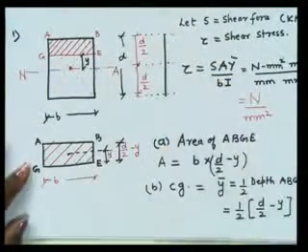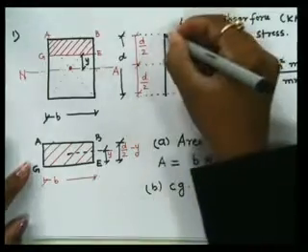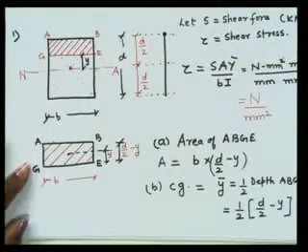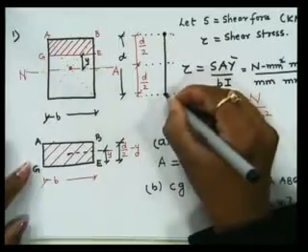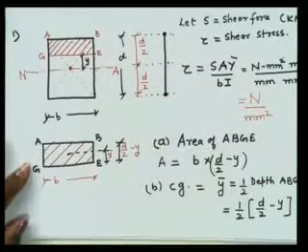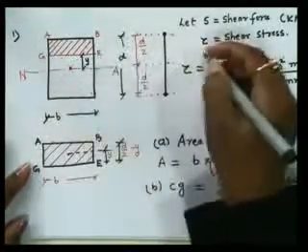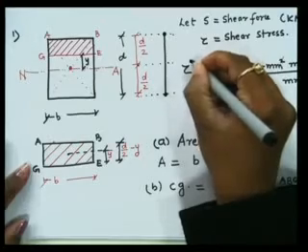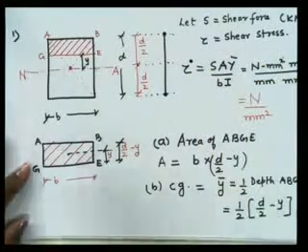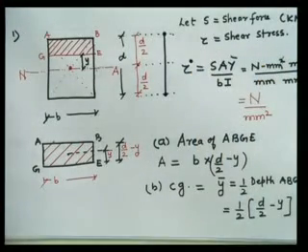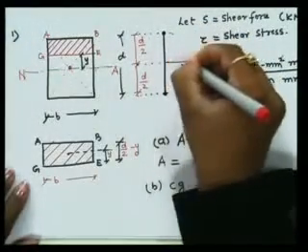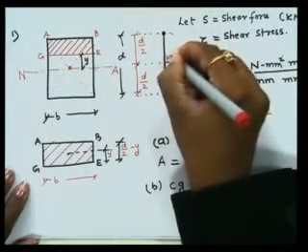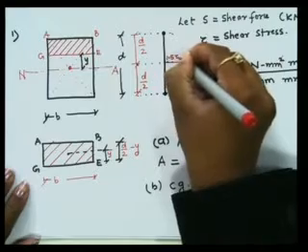At top edge AB we have observed 0. As it is a symmetrical section, definitely at the bottom it will be 0. And at neutral axis we have observed it is maximum. And what is the value? The value is 3/2, which is 1.5 tau average.